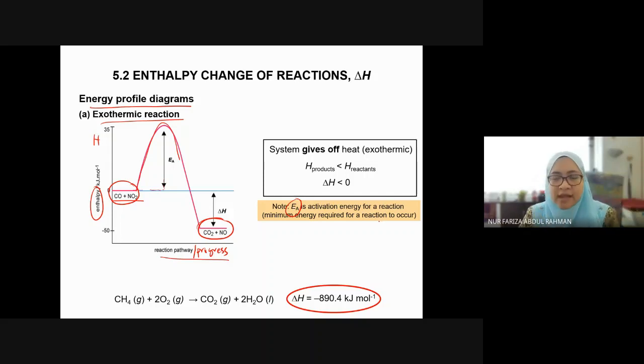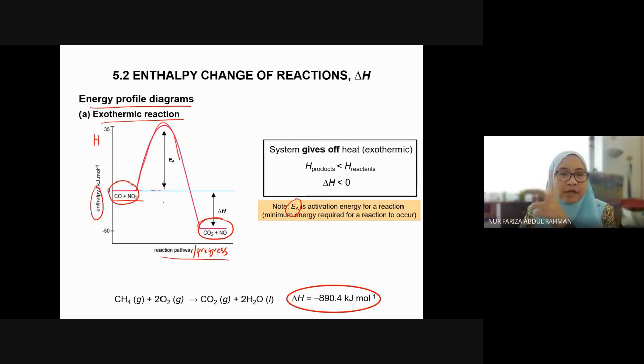So every reaction has its own EA. It is like you have to go through these obstacles, these challenges, in order to form product. So there is a minimum energy required. Okay, it's like you want to further your studies for a degree.